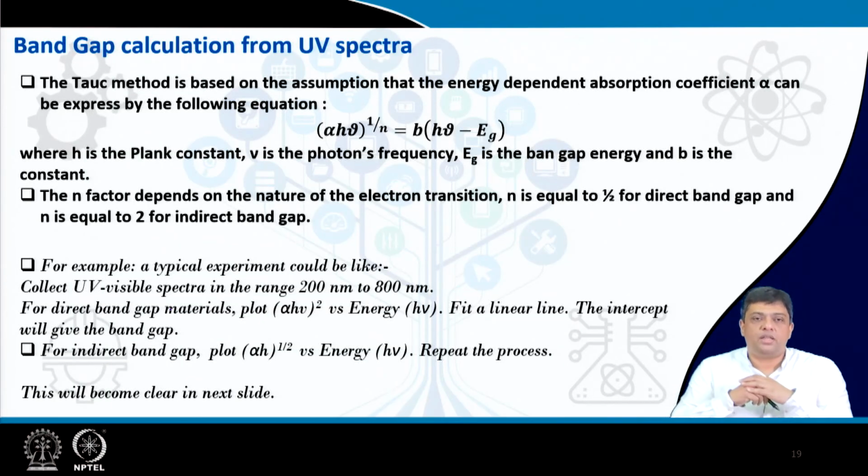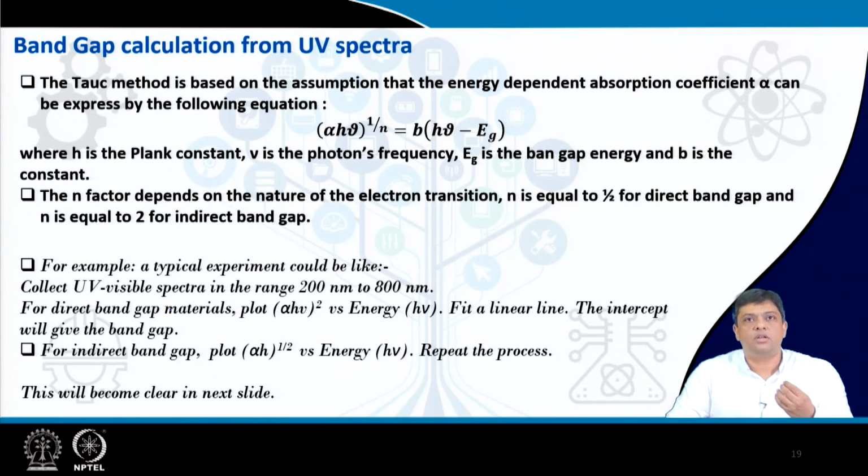Once you have obtained the absorbance data, you can use the Tauc relation to calculate the band gap. So, for example, you have two types of semiconductors, the direct band gap semiconductor and the indirect type.